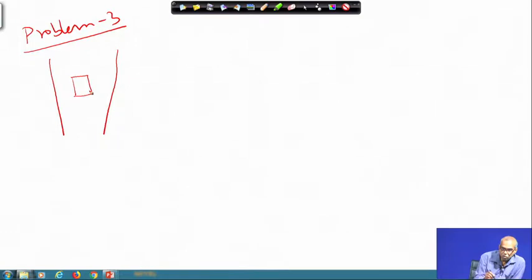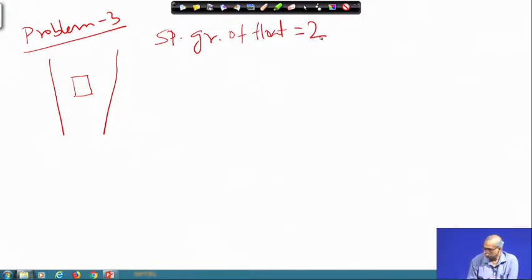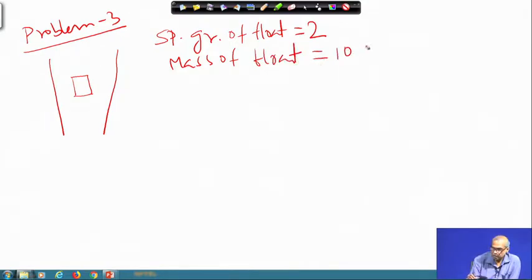Specific gravity of the float is given as 2. Mass of float is given as, let us say, 10 gram, which is 10 by 1000 kilogram, so 10 to the power minus 2 kilogram.